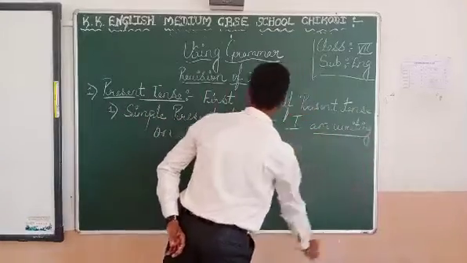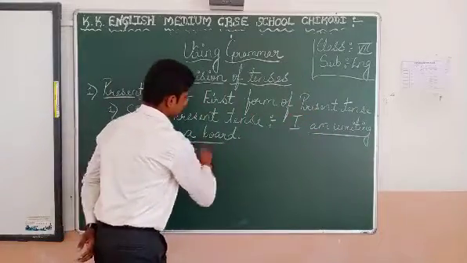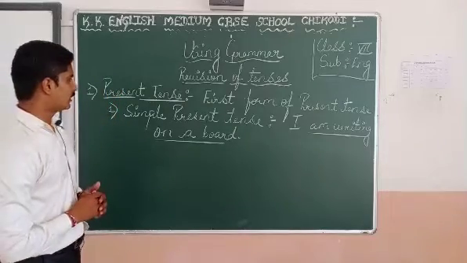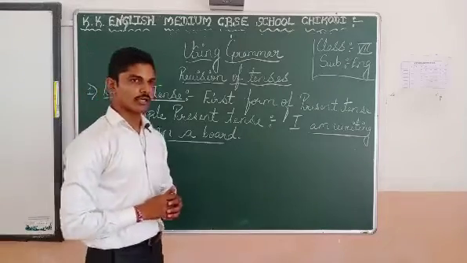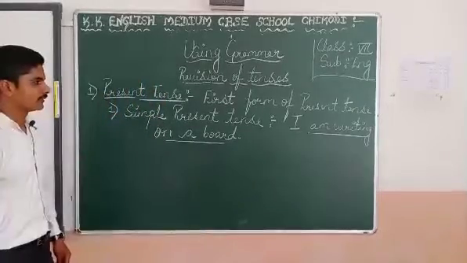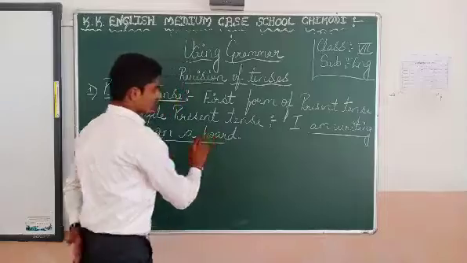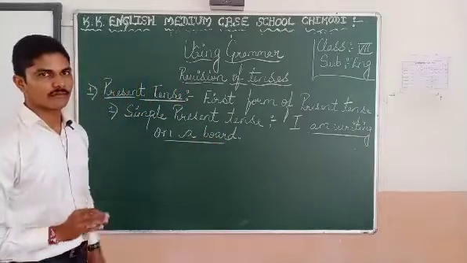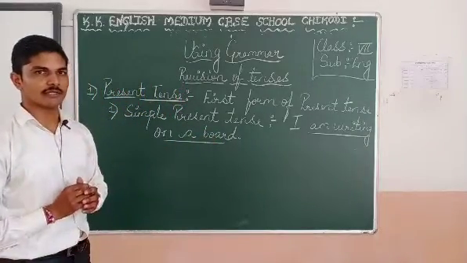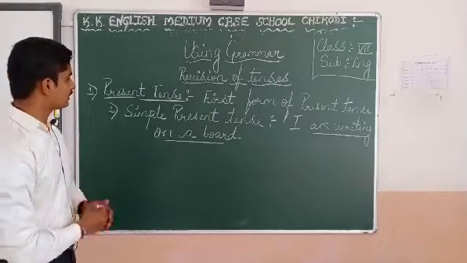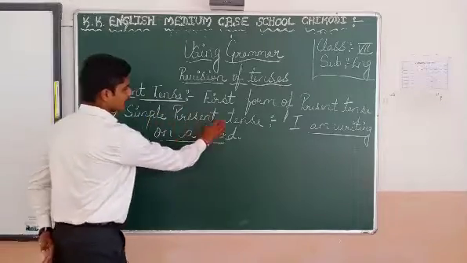I am writing. I am doing this work continuously now. So it can be called here simple present tense. Okay. Take what I am doing here. I am writing on a board. So here I am writing, and writing is a present activity which I am doing now, and it is occurring now. So it comes under simple present tense.